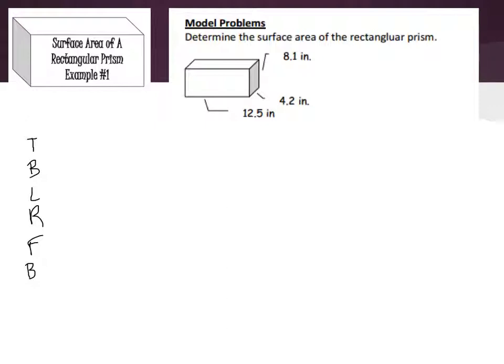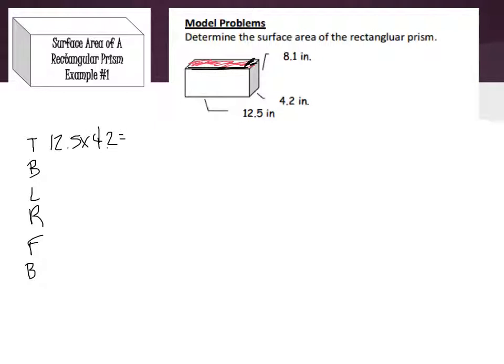Now, for the top of this, I'm going to shade it in red. The top of this prism and the bottom of this prism are congruent. Prisms have congruent faces. The top can be found by doing 12.5, that's the length here, and it is 4.2 wide, so we have 12.5 inches times 4.2 inches.